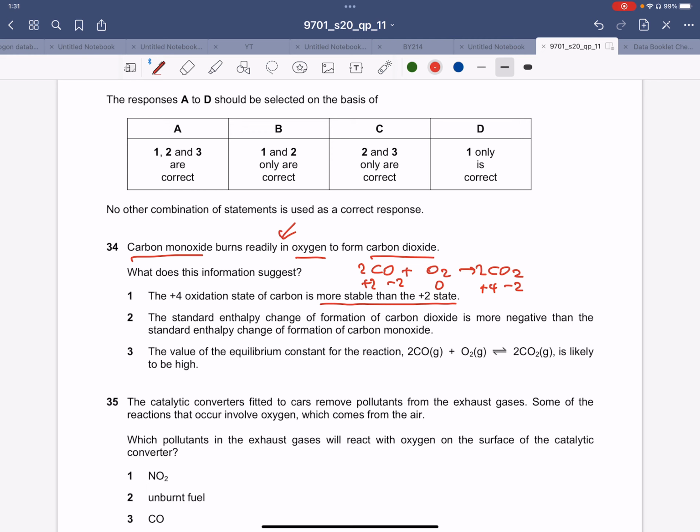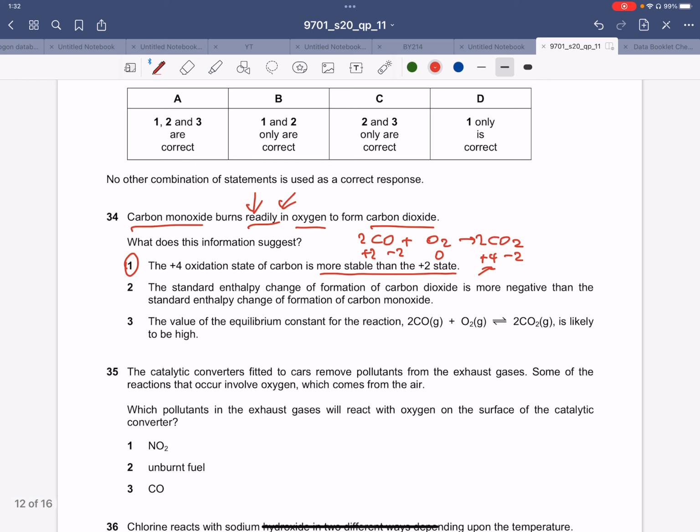So indeed, this is correct. Because this higher oxidation state is preferred since it burns readily, that keyword there is readily, this is a favored reaction, therefore carbon with a +4 charge is much more stable than the +2 state.